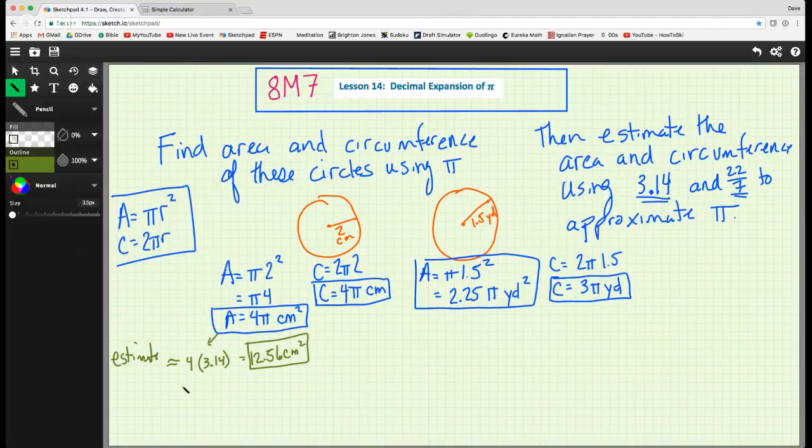Now, I can also use a fraction. And if I use this fraction, plugging it into my calculator again, I'm going to get 12.5714 centimeters squared.